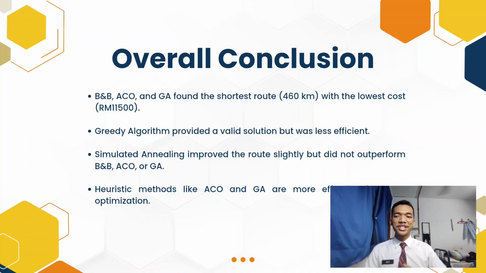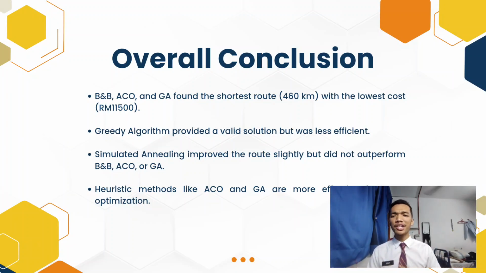So everyone, to summarize, our analysis shows that the advanced methods, specifically branch and bound, which is BNB, ant colony optimization, which is ACO, and genetic algorithm, which is GA, consistently find the optimal route of 460 kilometers, which corresponds to the lowest fuel cost of 11,500 ringgit for our problem.